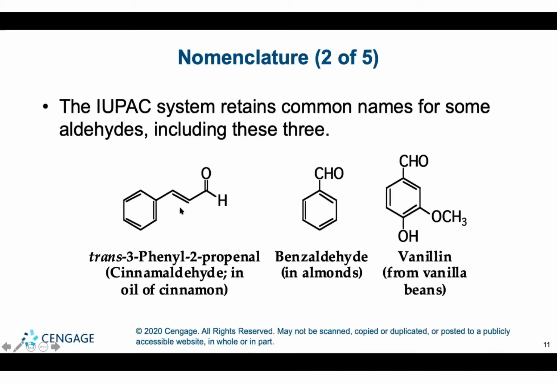On carbon 2 I have a double bond. On carbon 3, I have a phenyl group. So it's going to be 3-phenyl. On carbon 2, I have a double bond, 2-propene, right? And because I have an aldehyde, it's going to be 2-propenal. And because this is a trans configuration around the double bond, it would be trans-3-phenyl-2-propenal.